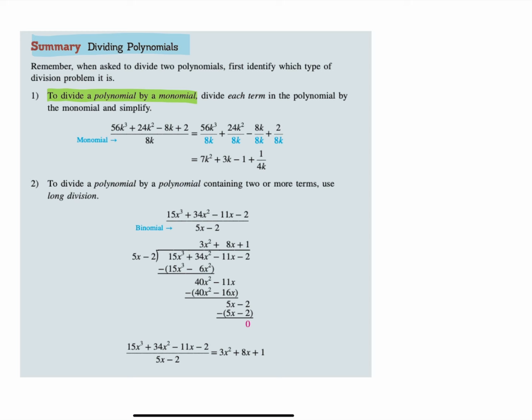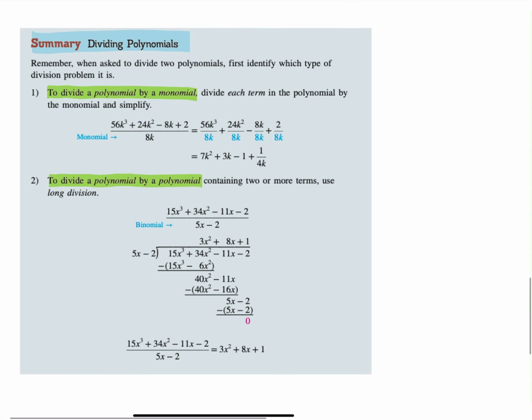Just divide each term and reduce your results. And if we're dividing a polynomial by another polynomial containing two or more terms, we take the route of long division, which is what we've been working with here. If you can, take the simpler route if you just have some monomial. I would definitely seek to do that first.